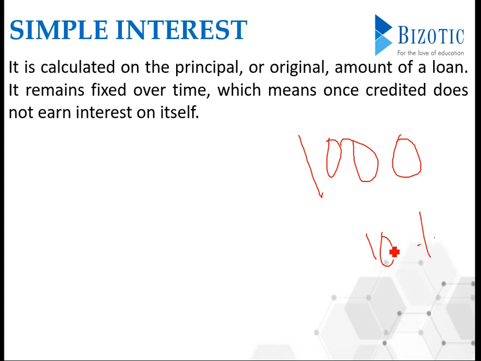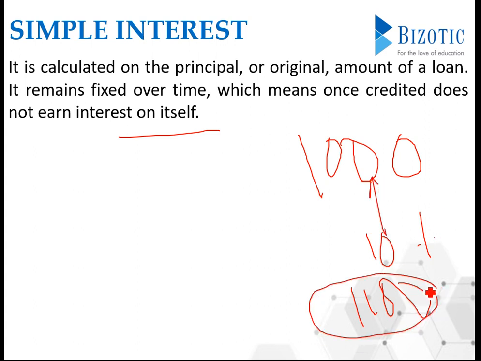After a year, 10% of 1000, which is 100 rupees, will be added, so then 1100. What does it mean that it does not earn on itself? For the second year you will not get 10% on 1100, you will still get 10% on 1000 only. So then the amount will become 1200. This is what simple interest is all about.